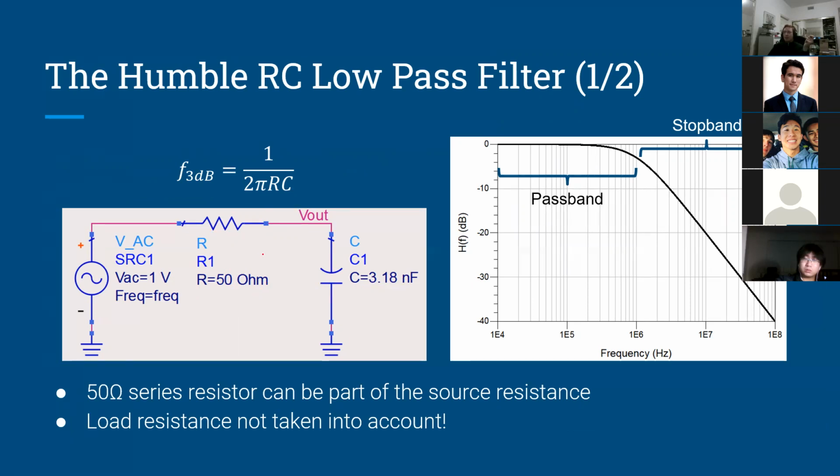So the 3 dB bandwidth of this low-pass filter is 1 megahertz. And so I plotted the frequency response of this thing right here. And sure enough, at 1 megahertz, which is right here, we're 3 dB down from 0 dB. So that's the bandwidth of this filter.